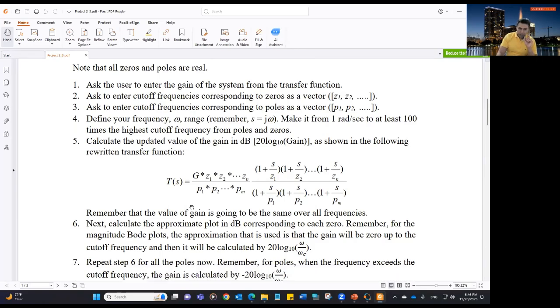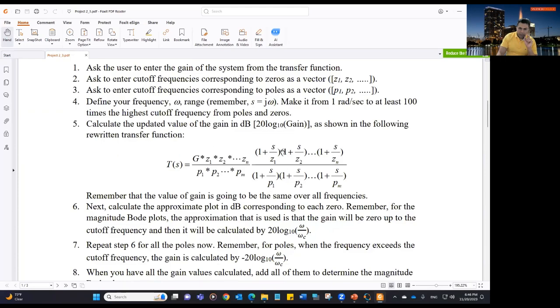And next, you're going to calculate the Bode plot corresponding to each of the zeros. You're going to use the same criteria. That is, up to omega equal to z1, the magnitude will be 0. And as omega exceeds z1, the magnitude is going to be calculated as 20 log base 10 of omega over omega c, for each one of them.